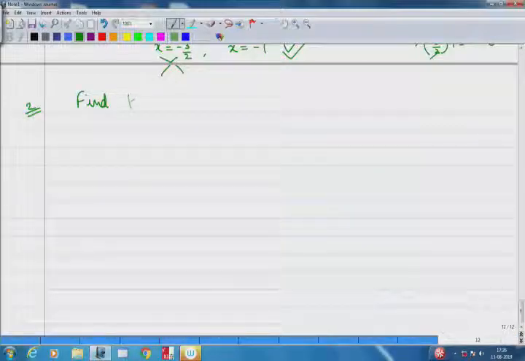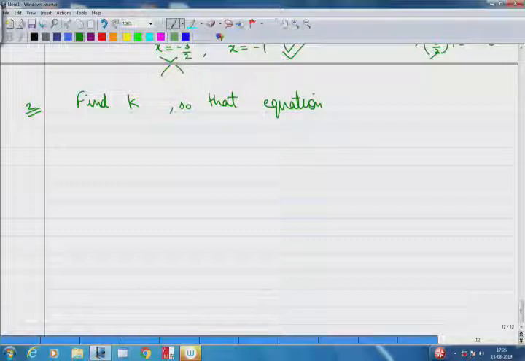Now next question. Find the value of k so that the equation has real and equal roots.